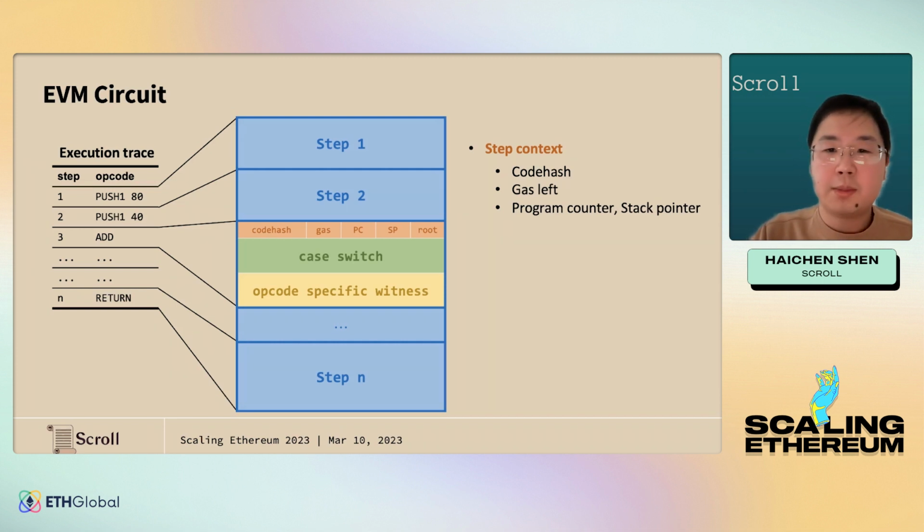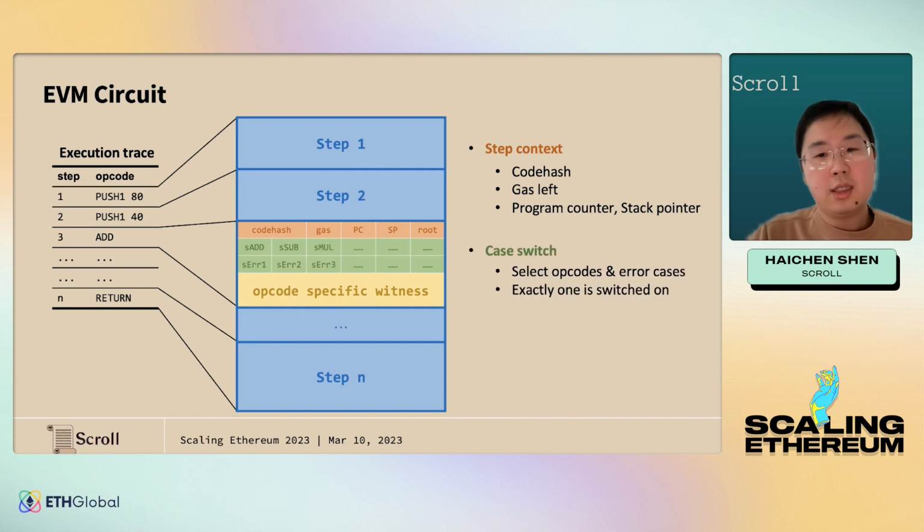Like I just explained, for the step context, you're keeping certain information about what the current step is. For example, which code hash are you executing, which decides which contract you are executing, and then the gas left in the transaction, the program counter, the stack pointer, the current state root, etc. There will be more information. And then for the case switch, it will be basically a bunch of selectors corresponding to each opcode in the Ethereum Virtual Machine, and also different error cases.